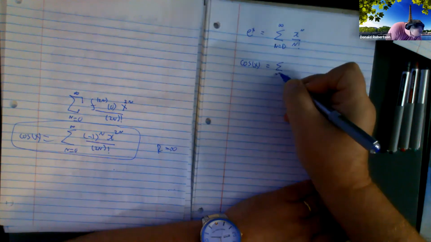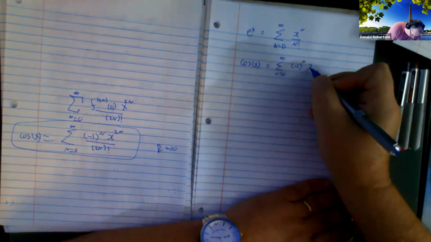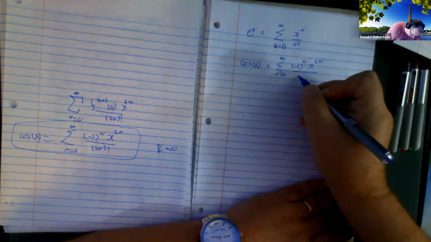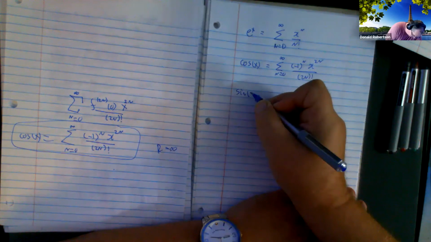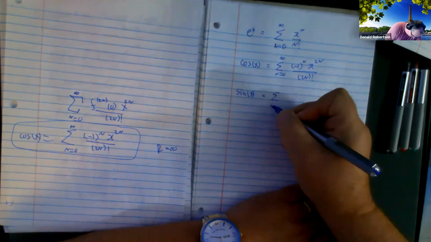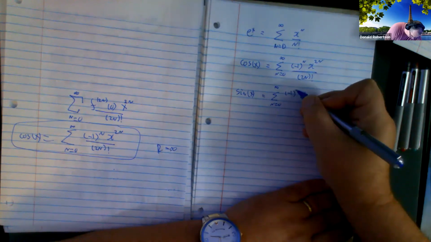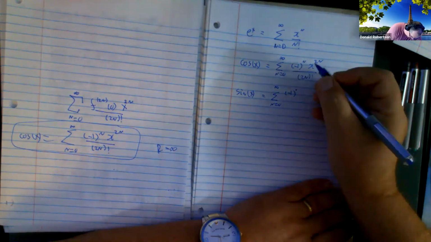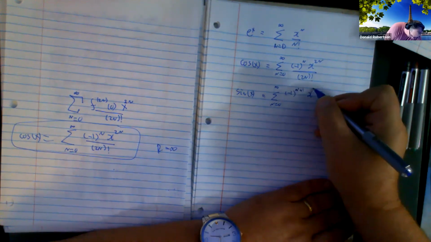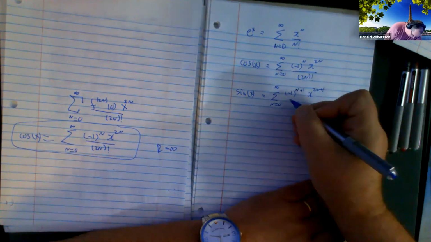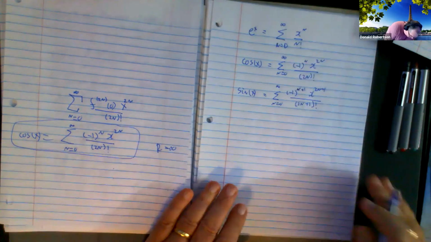This is cosine of x, and this is sine x. Let me write them down.